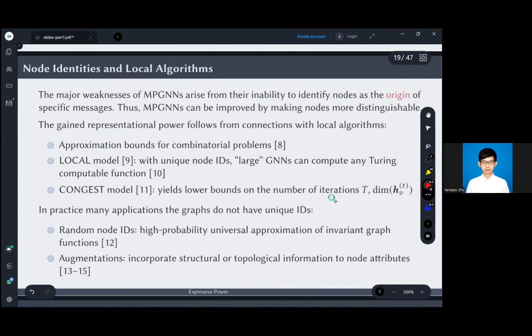When you look back at the computational rules of the graph neural network model, you will find that one major weakness arises from its inability to identify nodes as the origin. Basically, you don't know where a message is from. You will only aggregate them all together; you don't look at the specific origin of each message.